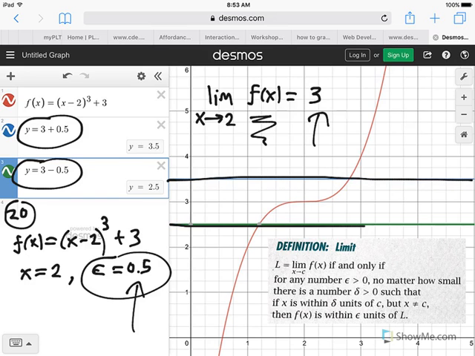So we were thinking about how close the x values would have to be to 2 or C so that the y values, or the output values from the function, will be within a half unit of the limit. And we were able to find that by using a graph.